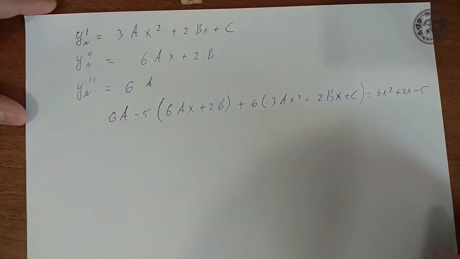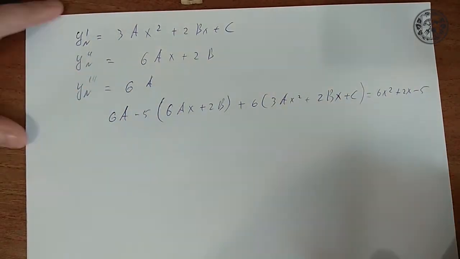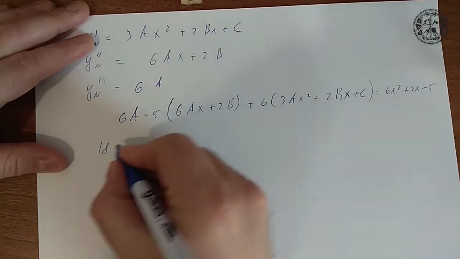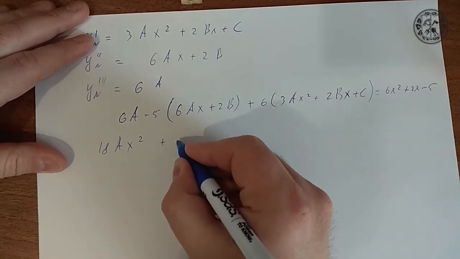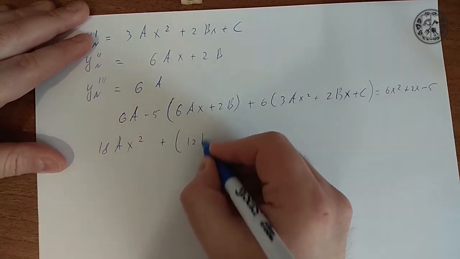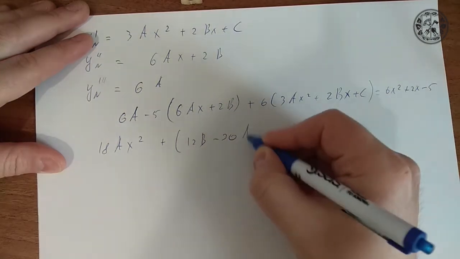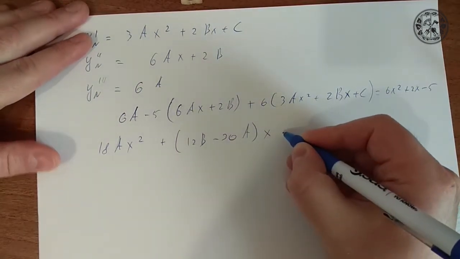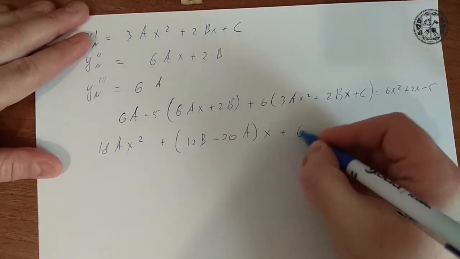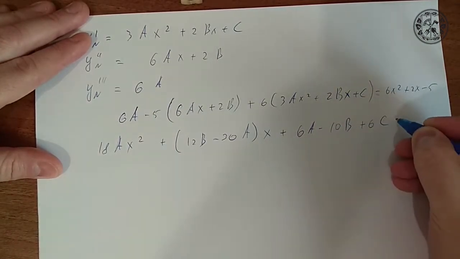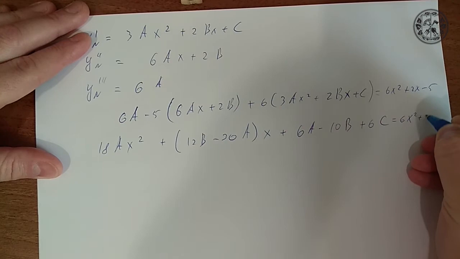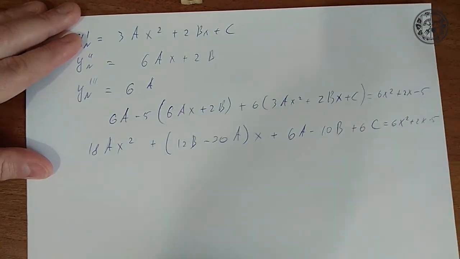If we expand these brackets, we'll get 18ax squared plus 12b minus 30ax plus 6a minus 10b plus 6c equals 6x squared plus 2x minus 5.